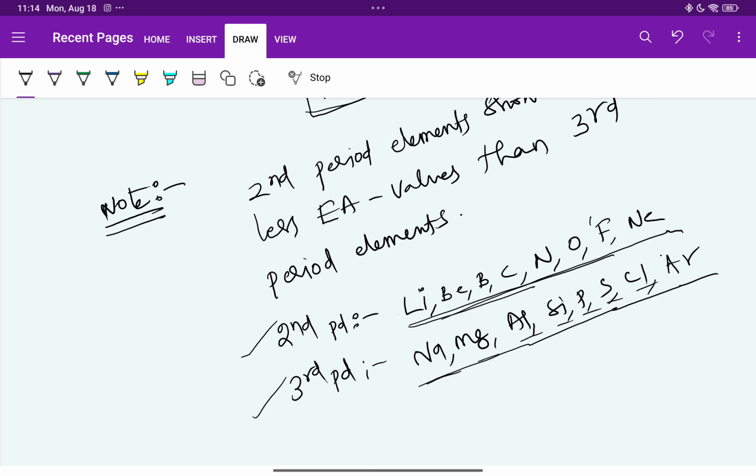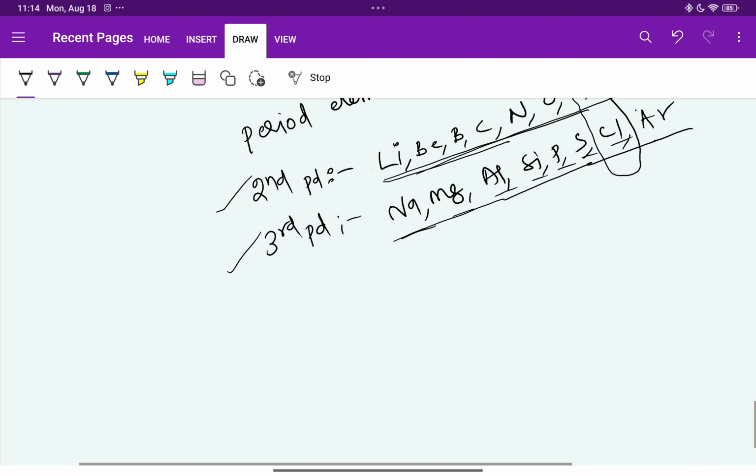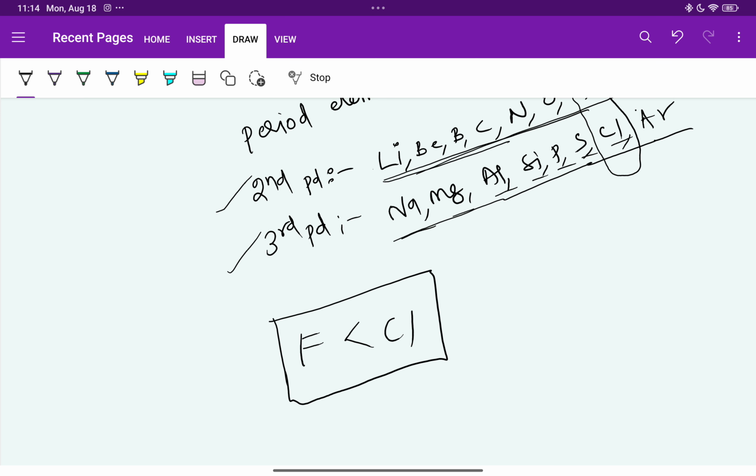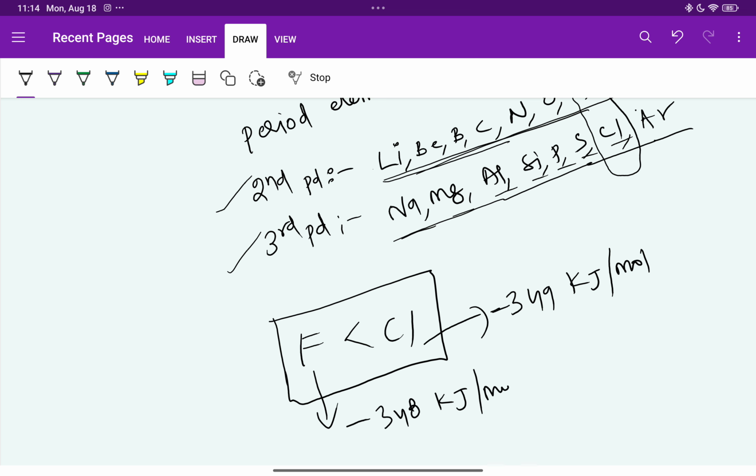If you see the second period element fluorine and the third period element chlorine, in fluorine and chlorine, electron affinity is more for chlorine than fluorine. Chlorine is minus 349 kilojoule per mole, and fluorine is minus 348 kilojoule per mole. So what is the reason why chlorine's electron affinity is more than fluorine's? Very simple.